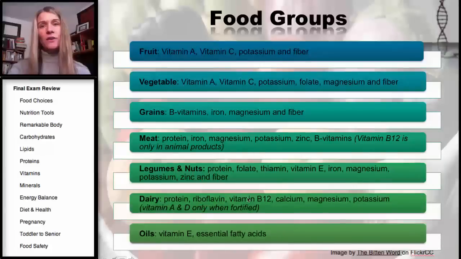Dairy in particular, you can get B12. Remember, this is an animal product, as well as riboflavin. One thing that's important is that vitamin A and D are only found in dairy when it's fortified. Our oils tend to offer us most of our essential fatty acids and vitamin E.